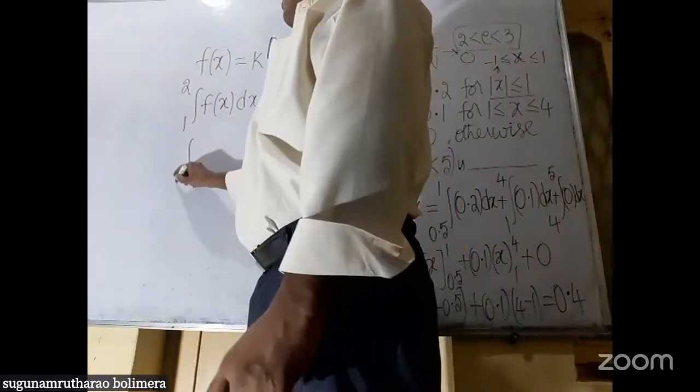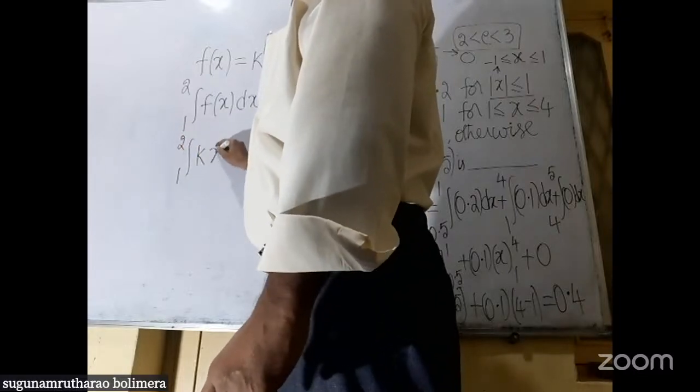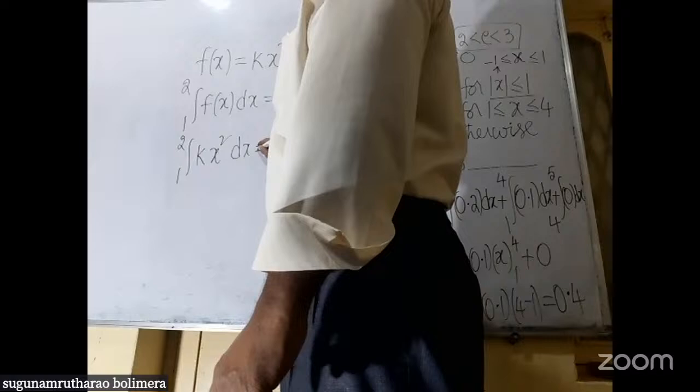So integral from 1 to 2 of k x squared dx is equal to 1.